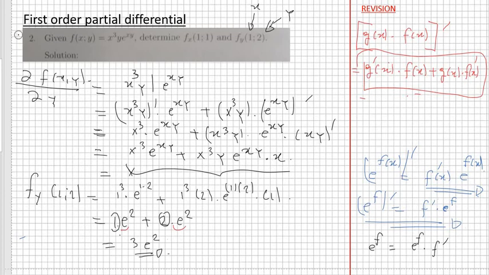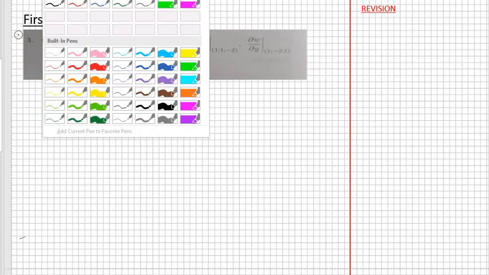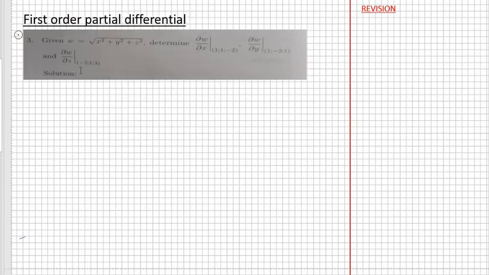Okay, let's look at the last question. So they give us w, which is equal to the square root of x squared plus y squared plus z to the power of 2.